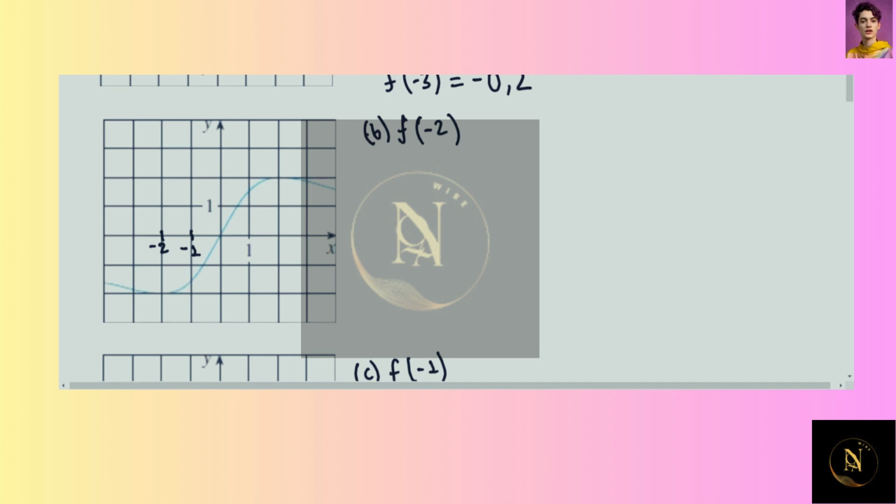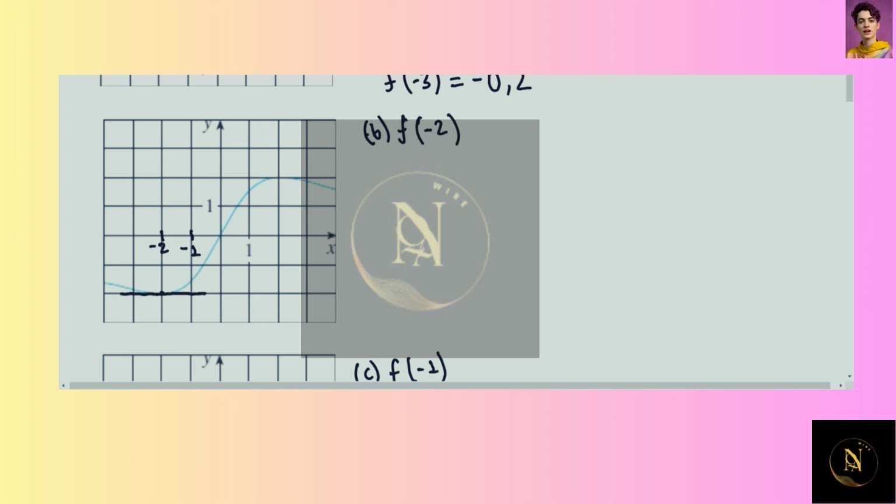Now we want the derivative at the point -2. So again, we see the point is in here, and we just draw a tangent line to that point. We can see that drawing a tangent line to that point will produce a horizontal line. So this is very straightforward. We know that the slope of a horizontal line is 0.